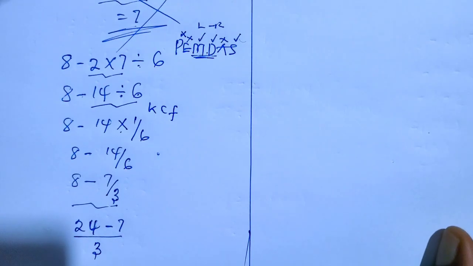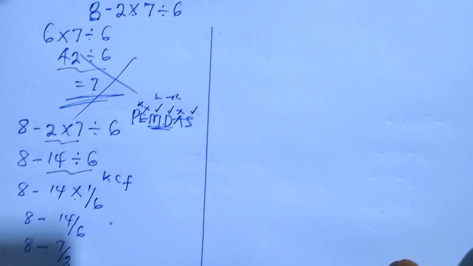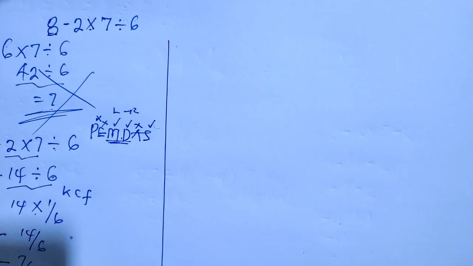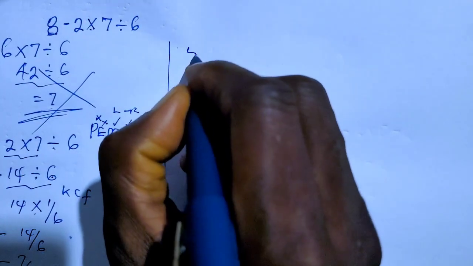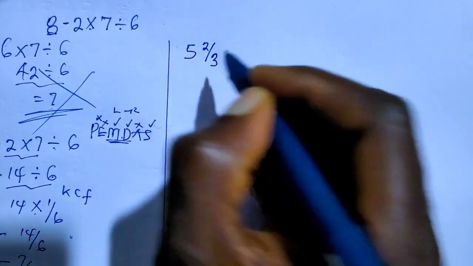And at this very point, we are going to take the difference in the numerator. 24 minus 7, that gives us 17 all over 3. And this is an improper fraction. If we take this to a mixed fraction, we are going to have 17 divided by 3, that will give us 5 and 2 all over 3.